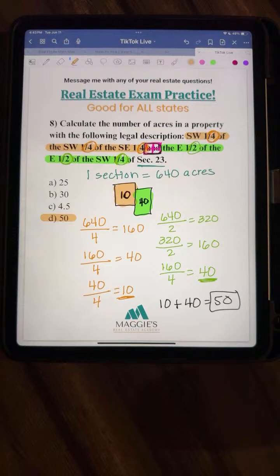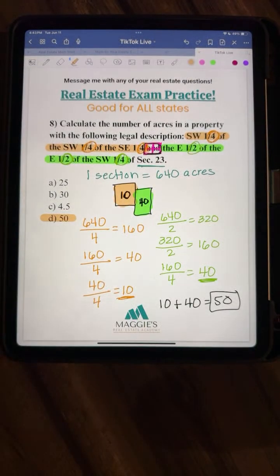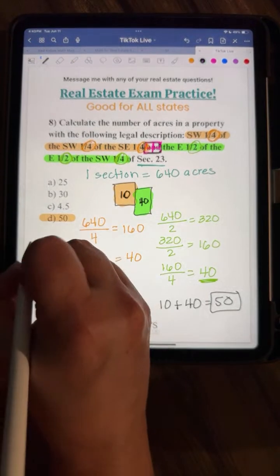Excellent work, you guys. You guys should be so proud of yourselves. Very good. That's a very tough question. So don't forget how to do that. Remember that keyword "and" means to add, just like the word "of" means to multiply, "to" means to divide. Okay? So let's go over that.